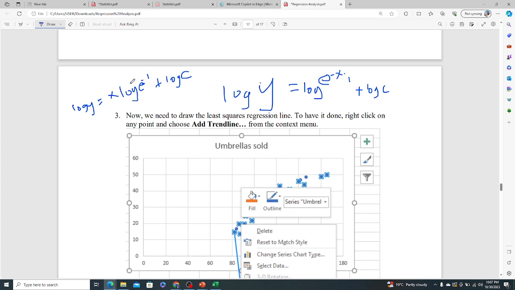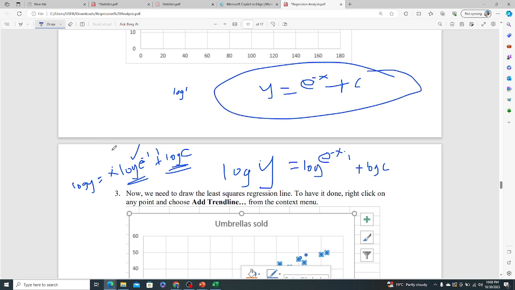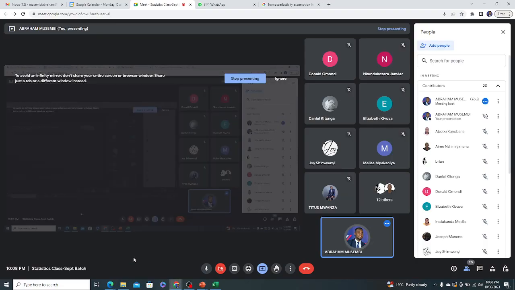So you can see this becomes a constant of x, and this becomes a constant, the y-intercept. So we've transformed this model from nonlinear to linear. At least we've given that model a linear relationship. Just an example.